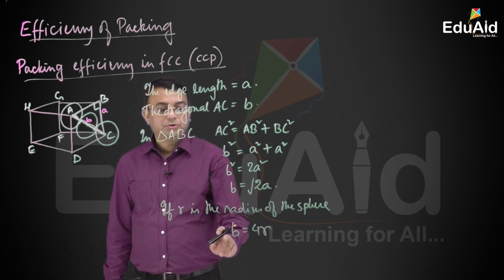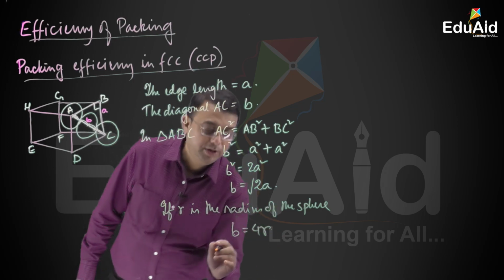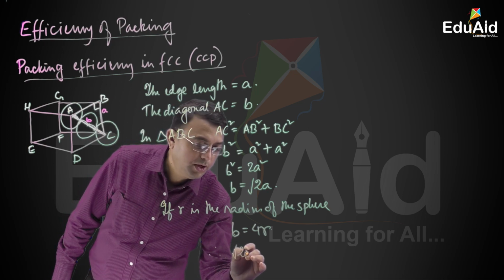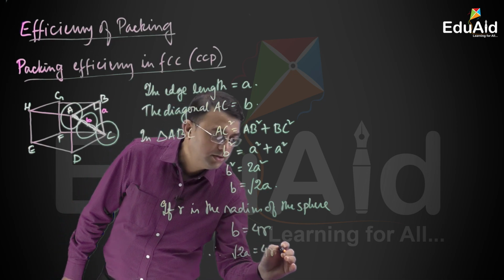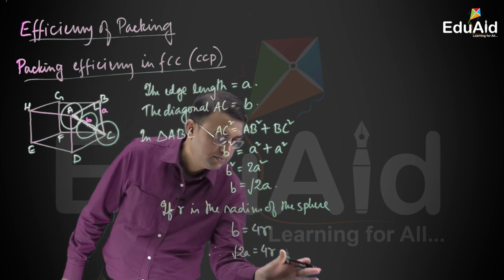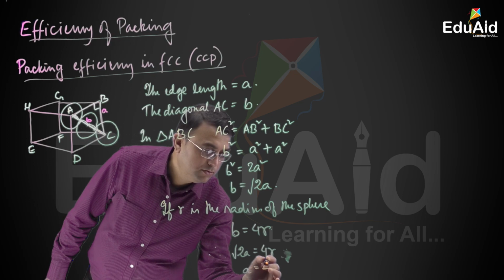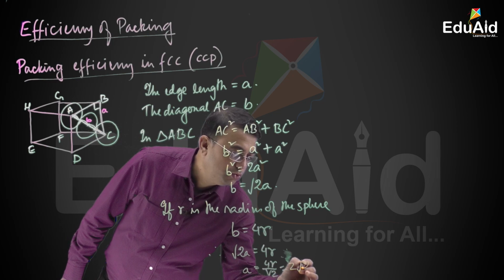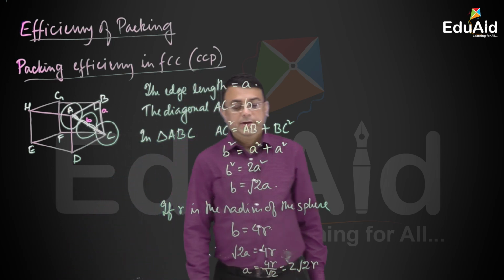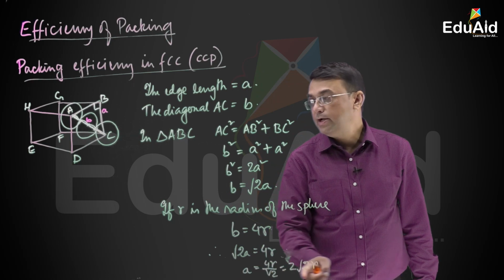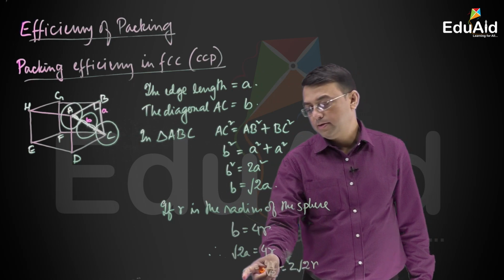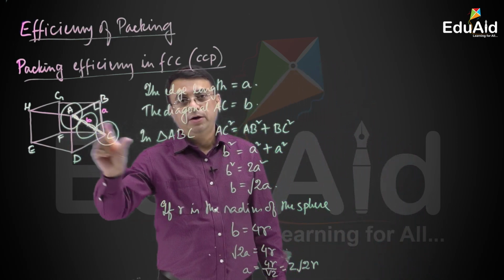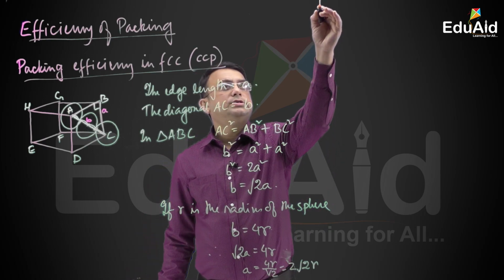So b equal to 4r, b equal to root 2 a, therefore root 2 a equal to 4r, or a equal to 4r by root 2, which gives you 2 root 2 r. a equal to 2 root 2 r, and that is the relation between a and r, edge length and the radius. Come to the next, continued.